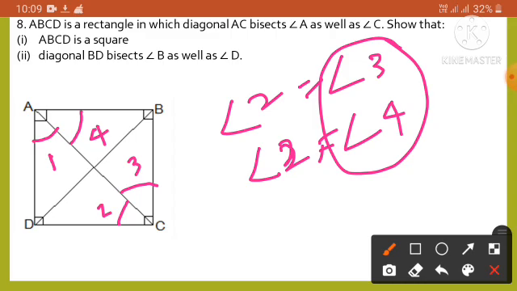So in triangle ABC, angle 3 equals angle 4. So we can say that AB equals BC here, because sides opposite to equal angles of a triangle are equal.